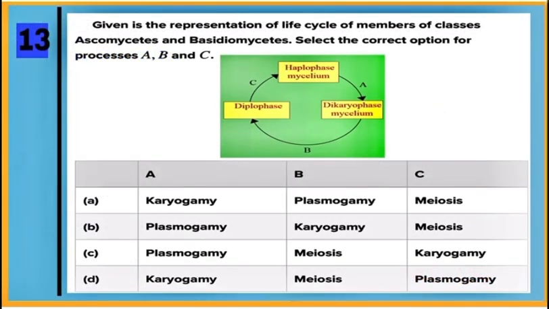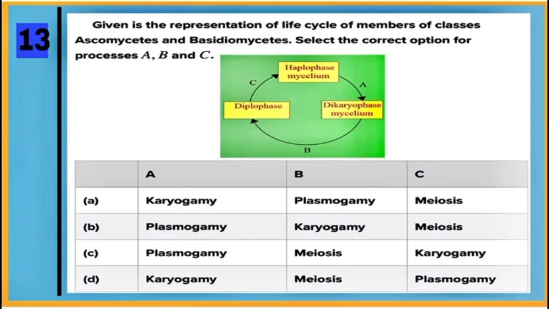Question 13. Given is the representation of life cycle of members of classes Ascomycetes and Basidiomycetes. Select the correct option for processes A, B and C. In the life cycle of members of Ascomycetes and Basidiomycetes, the first stage A is plasmogamy, where fusion of protoplasm between two motile or non-motile gametes takes place.